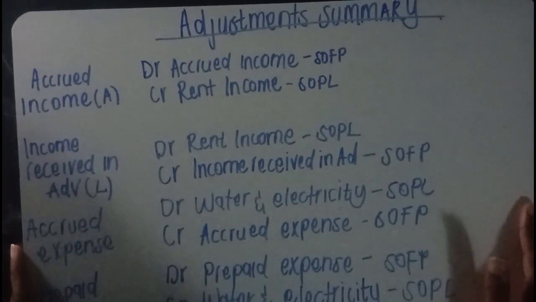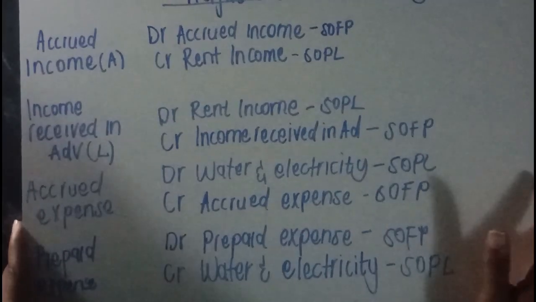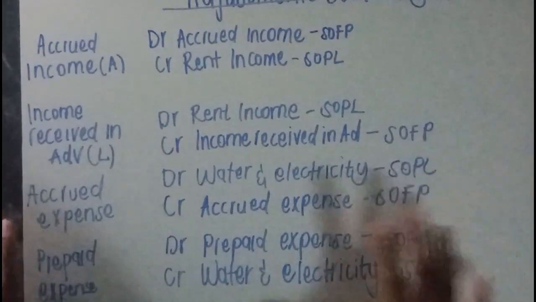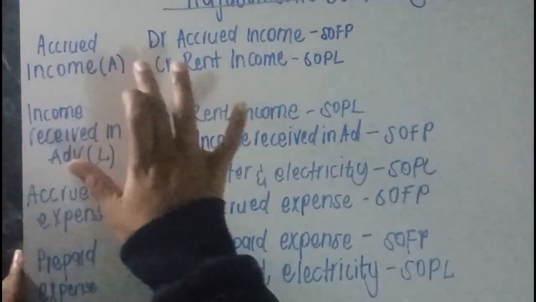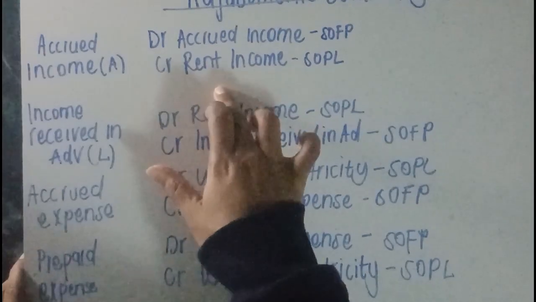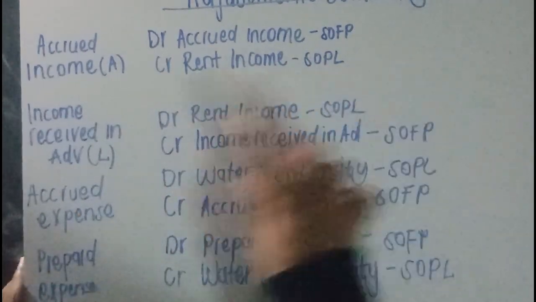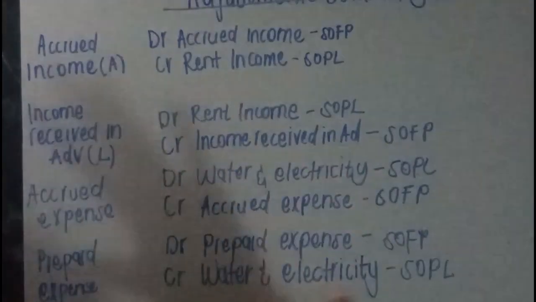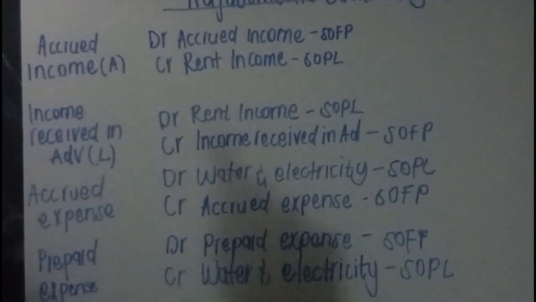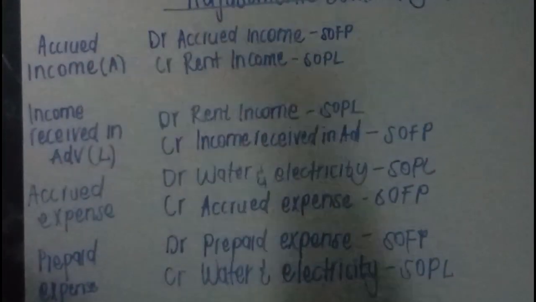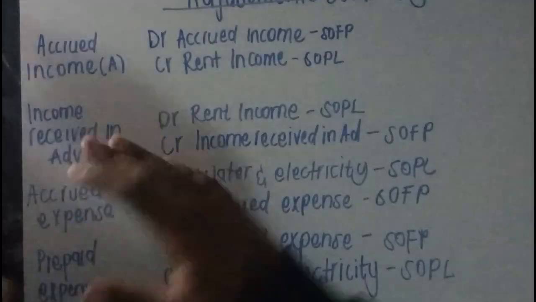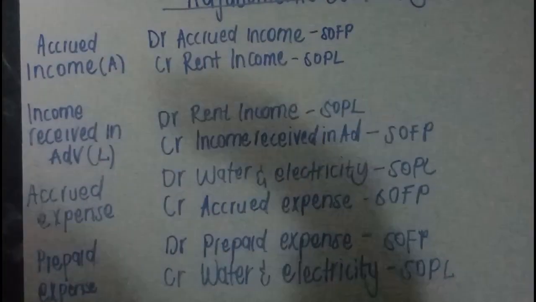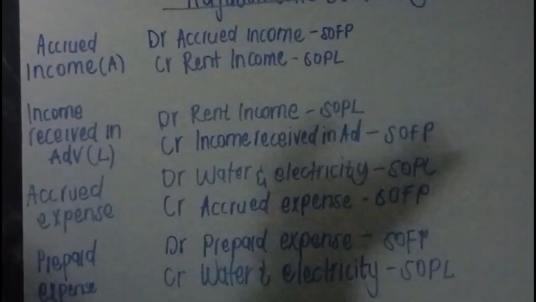And how do you narrate your journals? You're going to say recognize accrued income for the year. Recognize income received for the year. I'm saying when it's straightforward, not when it's a reversal. Then if it's a reversal, you're going to say derecognition of accrued income, derecognition of income received in advance, and so forth.